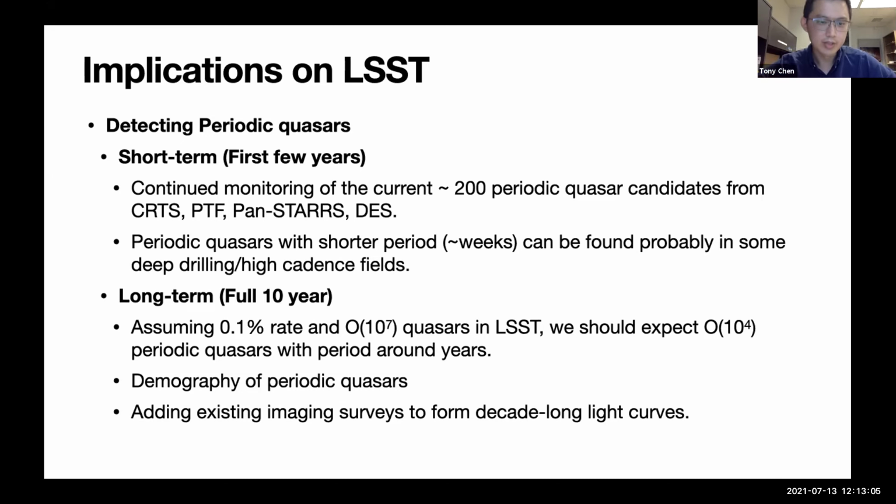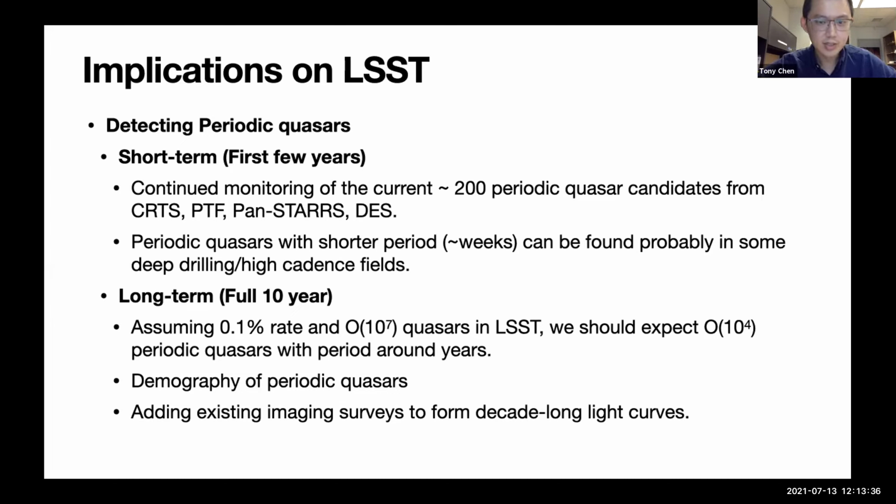And in the long term, if we have the full 10-year light curves, we can calculate how many periodic quasars with periods around years we can find. Assuming a very conservative 0.1 percent detection rate, and maybe 10 million quasars in LSST, we might find on the order of 10,000 periodic quasars.